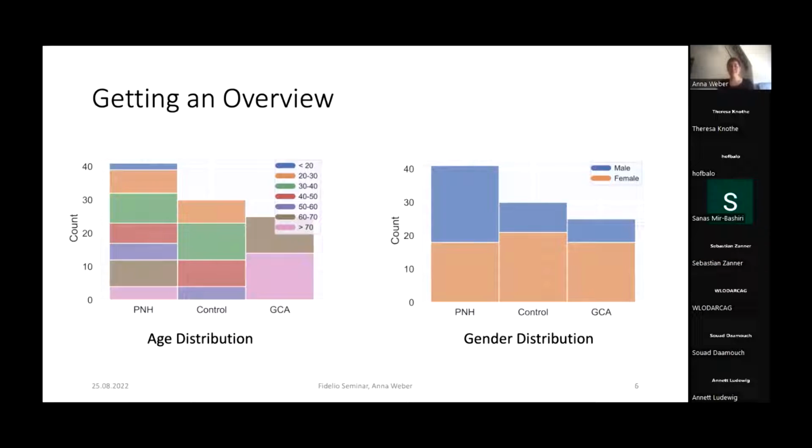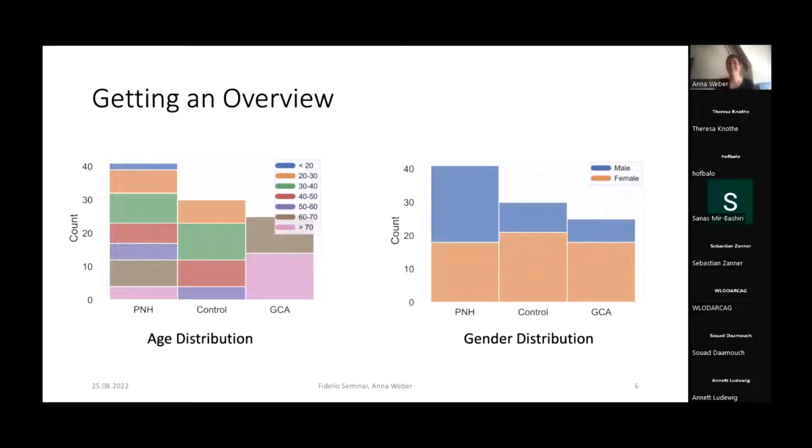And then the next thing we want to do with our new wonderful data set is we want to try to get an overview. In this case, I also really wanted to check if the distribution of very simple, potentially confounding variables like age and gender is similar in my control samples compared to the patients that I'm interested in.